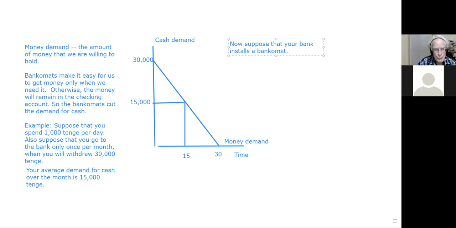Now, because the bankomat is so convenient, you will withdraw not 30,000 tenge at the beginning of the month, but instead 1,000 tenge every day. In other words, leave the money in the bank account, where it can earn interest.